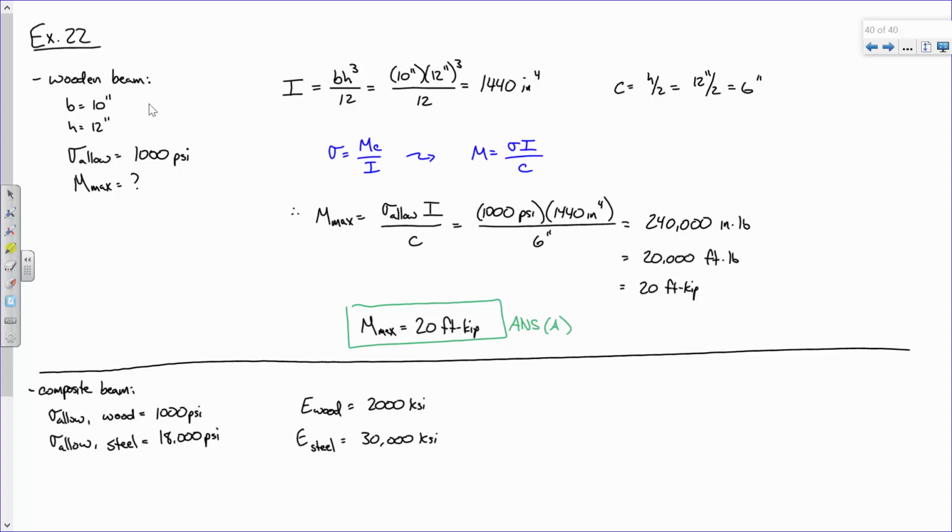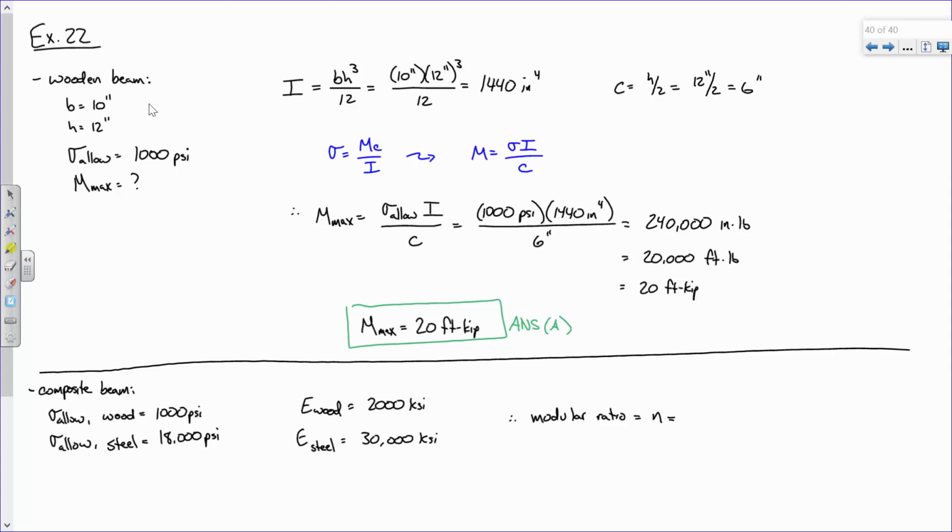Now, whenever you are dealing with a composite structure, you need to transform it into a beam of a single material, and you do that through the use of a modular ratio. So the first thing that we need to compute is the modular ratio, and that's this quantity N. Modular ratio is N, and typically when we compute N, we take the E for the stronger material and divide it by the E for the weaker material.